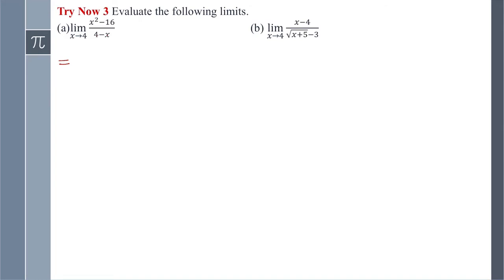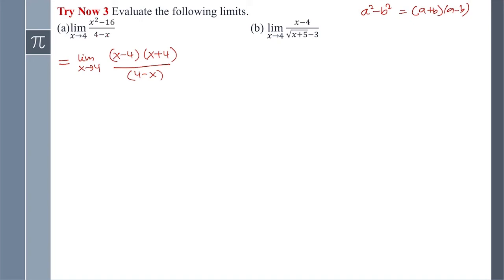So this equals the limit as x approaches 4. Let's go ahead and factor the numerator. It is in the form a squared minus b squared, which can be factored as a plus b times a minus b. So we have x squared minus 16, so we can write x minus 4 times x plus 4 divided by 4 minus x.